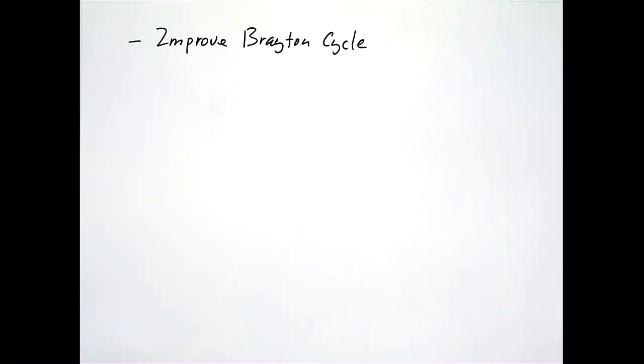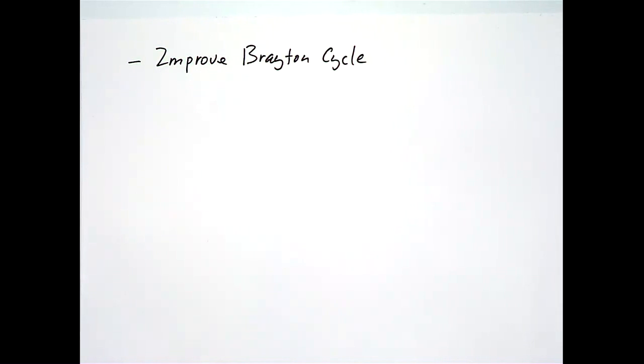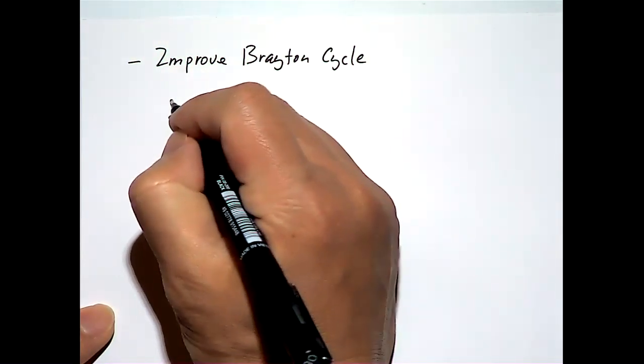All right. In the last lecture, we discussed the basic Brayton cycle and different ways that we can improve the efficiency or net work output of this cycle. So basically, there are a few things we can do in terms of improving the cycle.